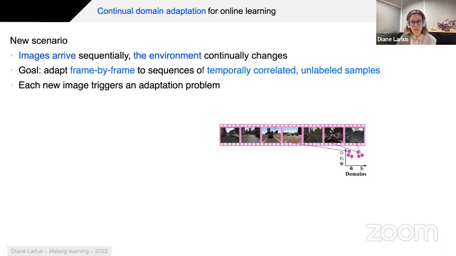On top of that, those are unlabeled, because you get new images, new frames, maybe new data with it, but absolutely no human labels. So now the goal we want to tackle is to adapt to sequences of samples that are temporally correlated and unlabeled. You can see it as each sample that is acquired triggering its own individual adaptation problem. So now, how should you perform adaptation in that case?